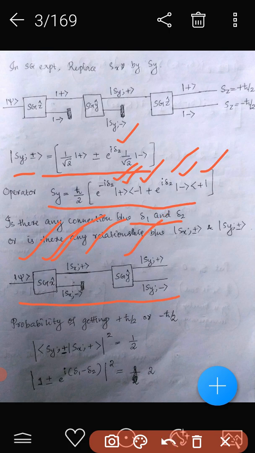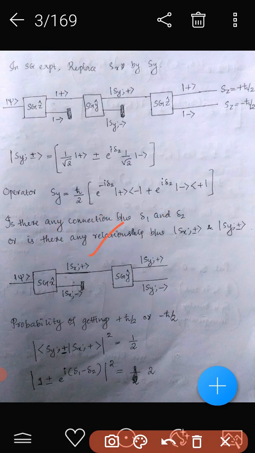So here the input is the Sx initial state. Here Sx plus is the initial state and the final states are Sy plus and Sy minus with the corresponding eigenvalues plus h cross by 2 and minus h cross by 2.